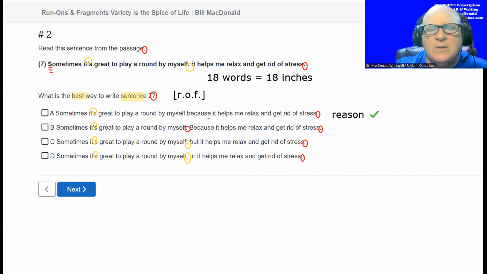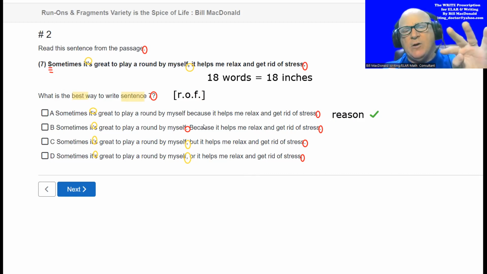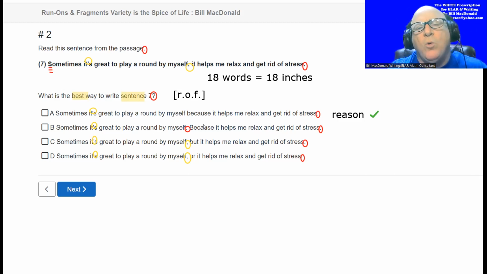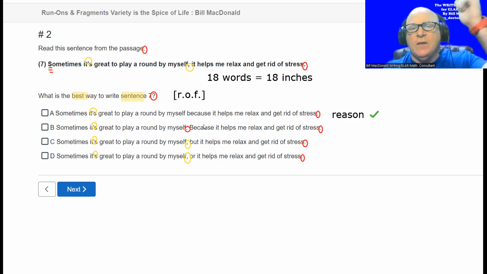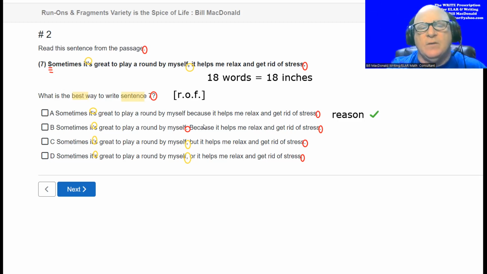Well, it's the reason that it helps me. And so you can play something that I call around the words in 80 ways to start with how, why, where, when. You often put a comma then. Let me show you what I mean. If I flip the sentence around, capital, because it helps me relax and get rid of stress, comma, sometimes it's great to play around by myself, period.